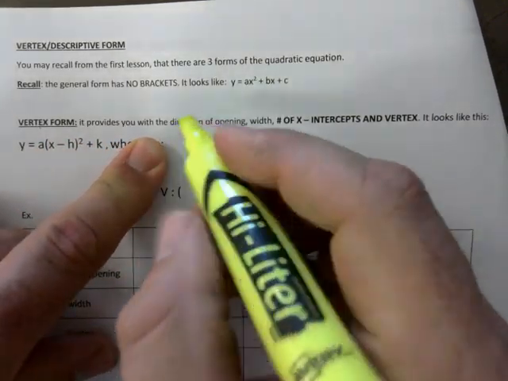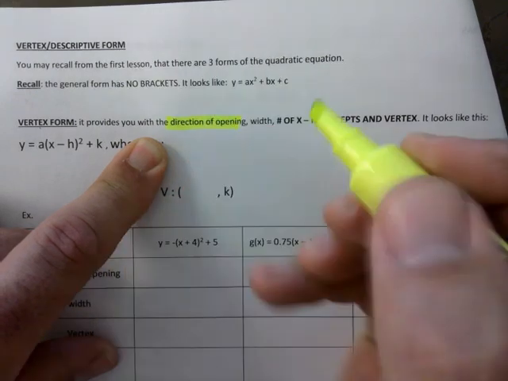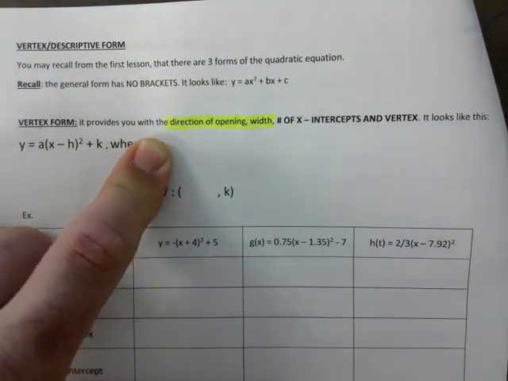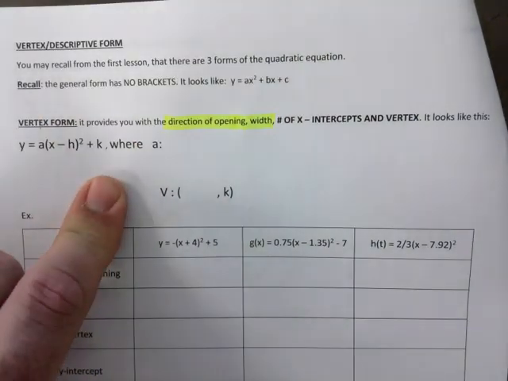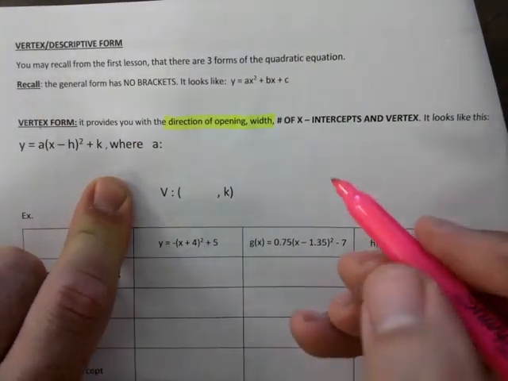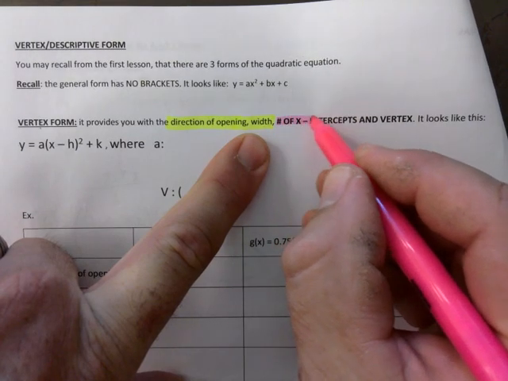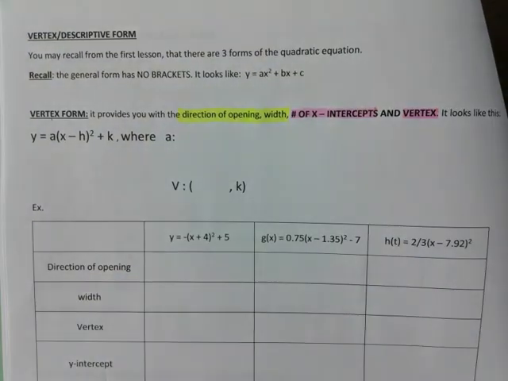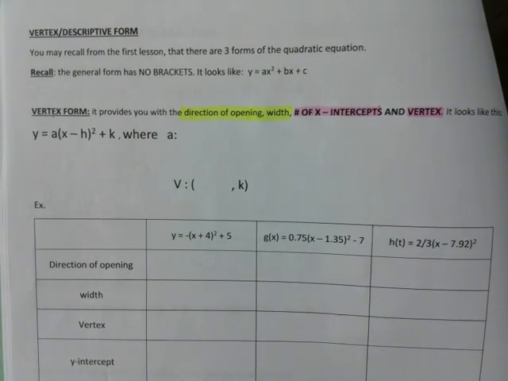What does it do? It tells us the direction of the opening, the width, and this is new, number of x-intercepts, as well as the vertex.